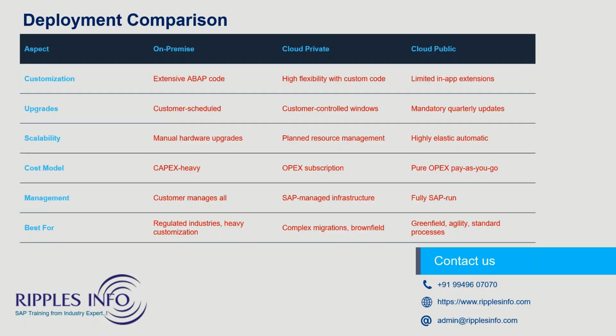The upgrades can be controlled by the customers, and they have the usual flexibility of customization. They also have scalability options available, so planned resource management can be done as and when they want, and they can increase the configurations also.